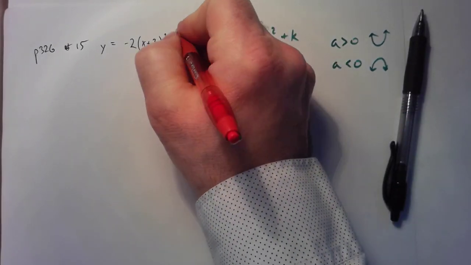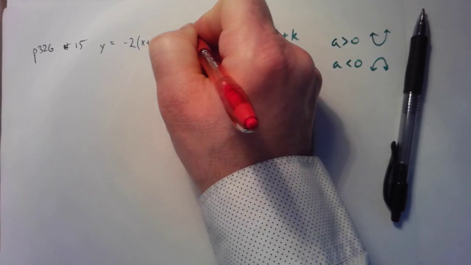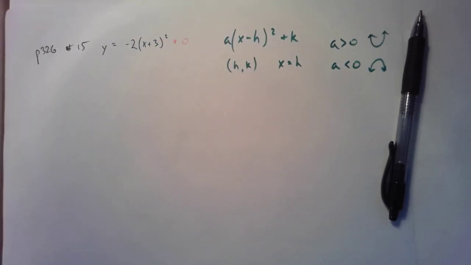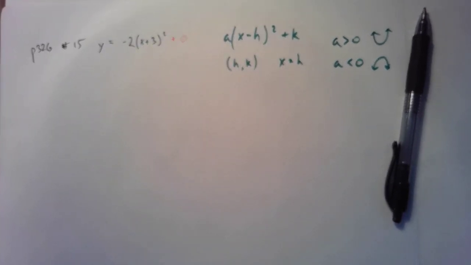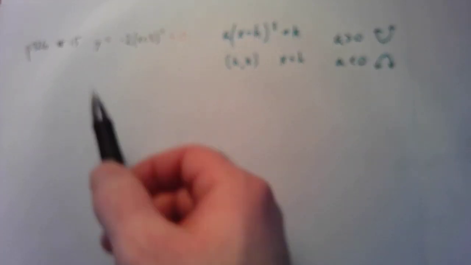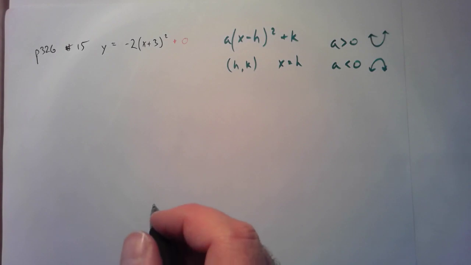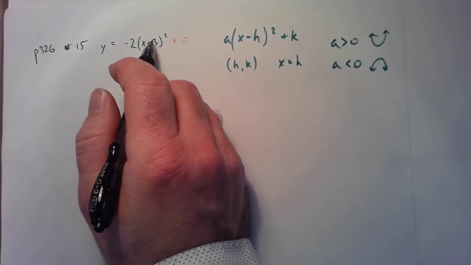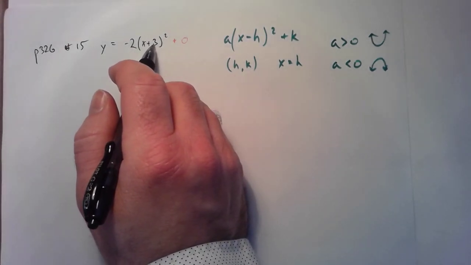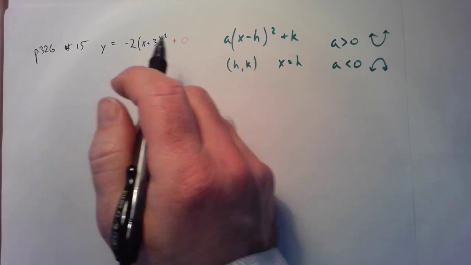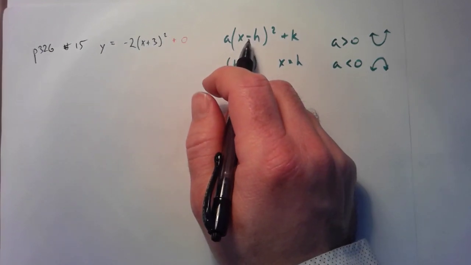If you will think of this as being plus 0, therefore, k is equal to 0. So it's already in vertex form. We can say that the vertex (h, k) would be -3, 0. This is really important, okay? Vertex form has a subtraction here.